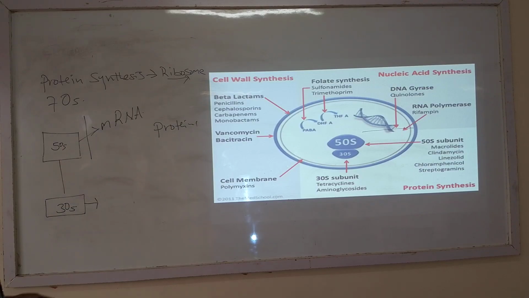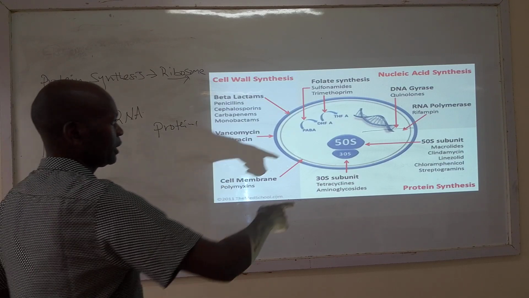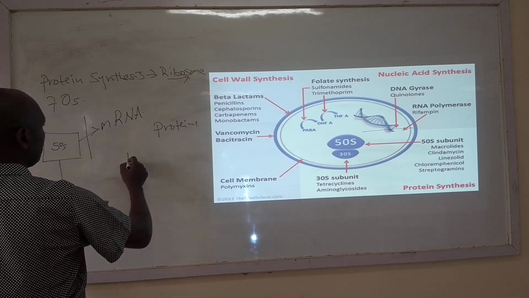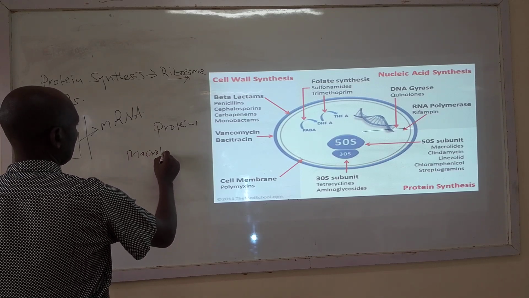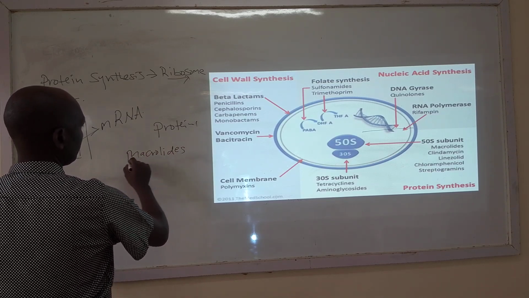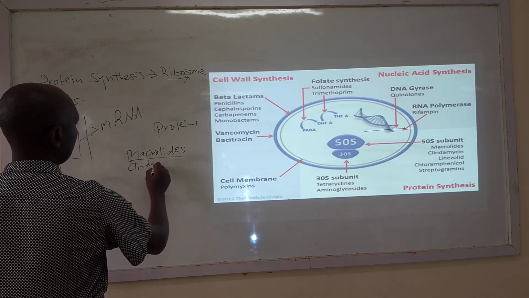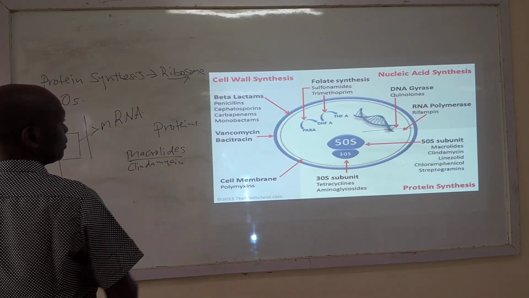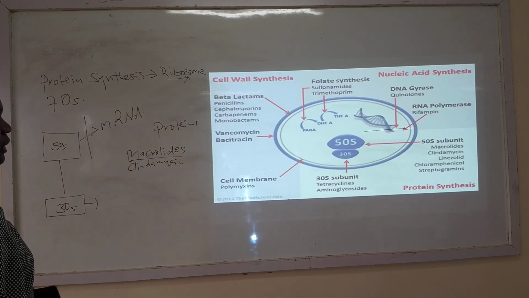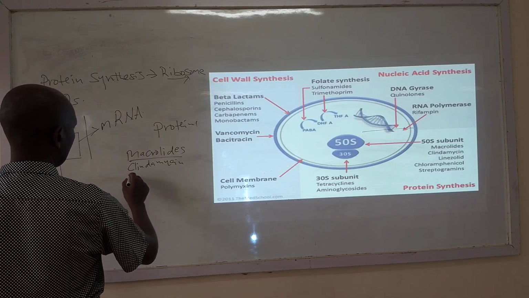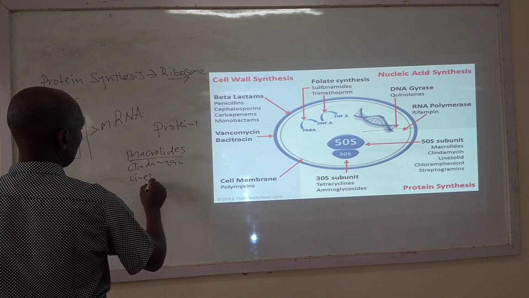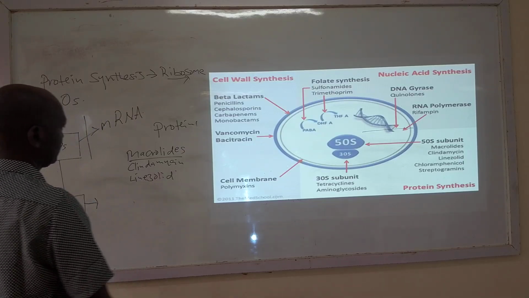Examples of antibiotics which act on the 50S subunit are the macrolides. Examples here include clindamycin. We also have linezolid, which also works at this point.